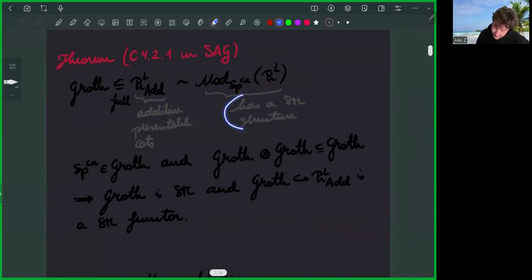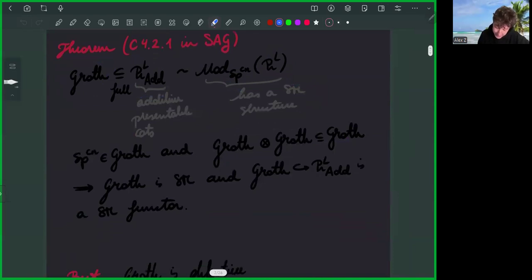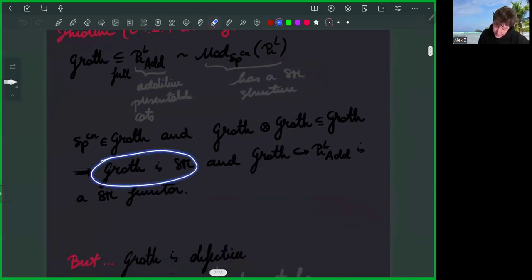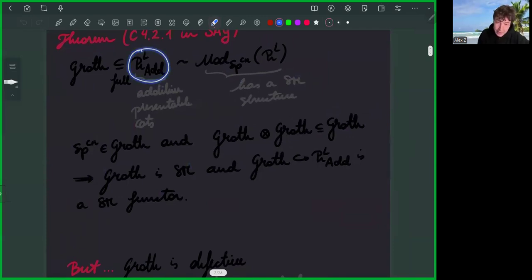Okay, and so this right-hand side has a symmetric monoidal structure, and it turns out that Groth, containing the connective spectra and being closed under tensor products, so this Lurie tensor product, that Groth itself is symmetric monoidal, induced by the symmetric monoidal structure on PrL, and that this inclusion here is a symmetric monoidal functor.